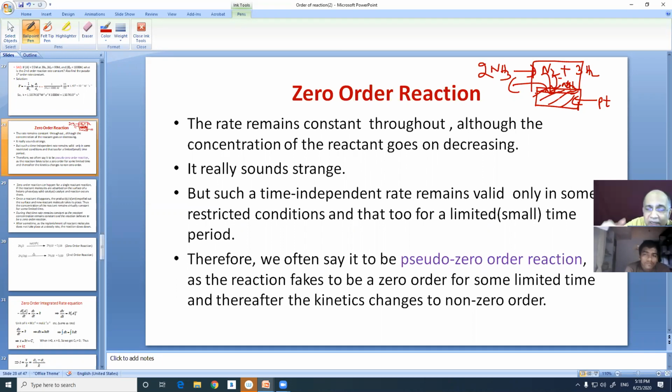So when you take that which is left out into account, it will decrease in a linear manner, not in an exponential manner as you find in other orders, because rate is a constant quantity throughout. Rate is constant, so there will be only one slope, not more than one slope.